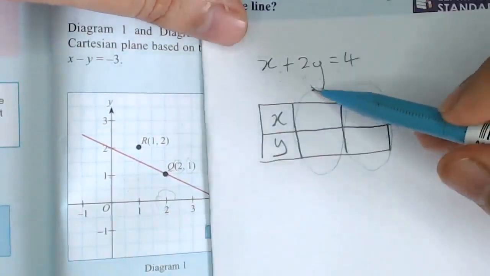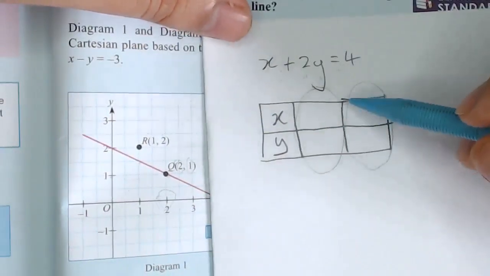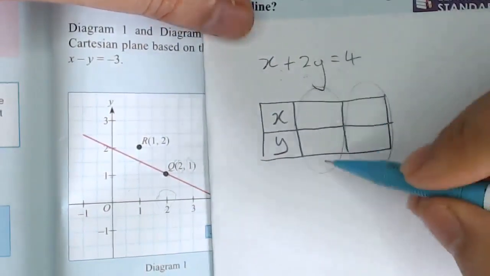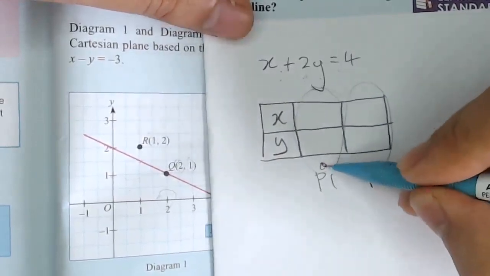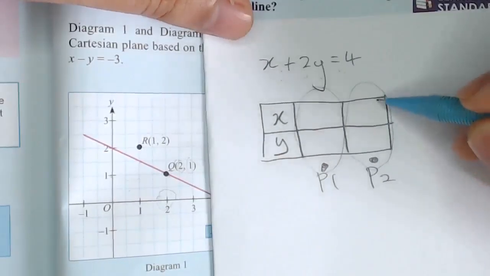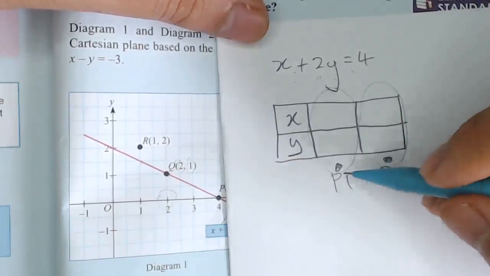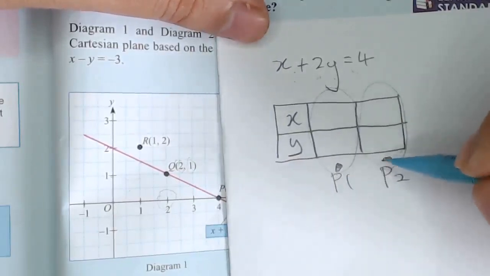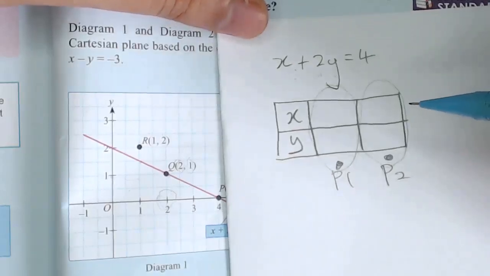So this is going to be the coordinate of point number 1, and here is going to be the coordinate of point number 2. Then we can have a straight line passing through both points. That is the idea.